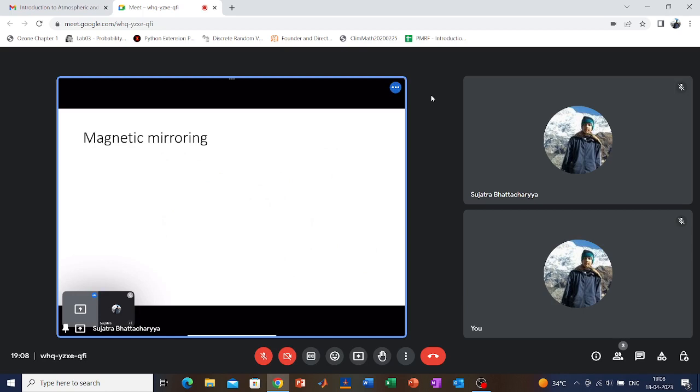So when it will be reflecting, what is the condition for the reflection to occur? This is what we are going to derive here. So the condition for the plasma or the magnetic field where we will get the particles to be reflecting, that is, there is a reflection of the particles, or the particles will be trapped, and if it does not satisfy that particular criterion, then the particle will be lost.